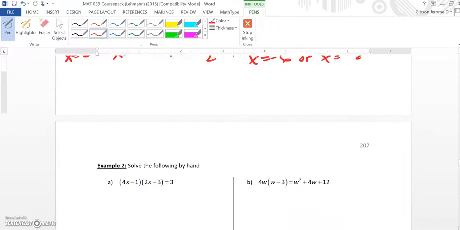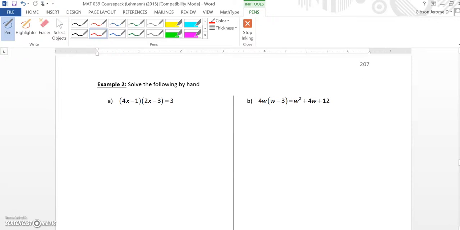Now we go on to the next page. It says solve the following by hand. If you notice here, we have these values multiplied together, binomial by binomial, and it equals 3. So the first thing we need to do is multiply this out like we did earlier, basically in chapter 7.